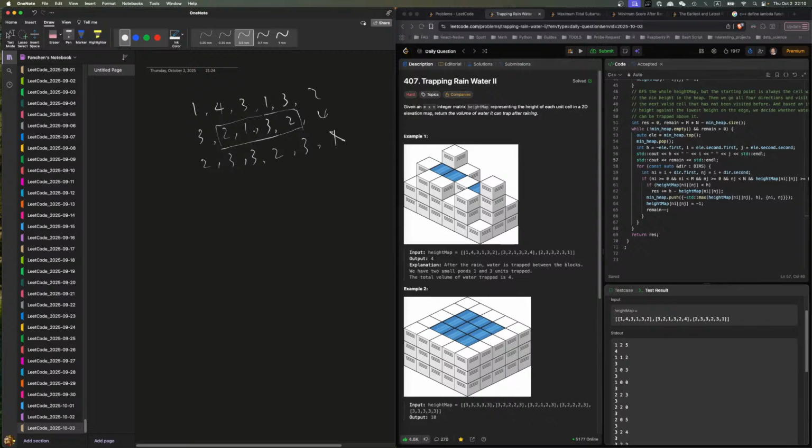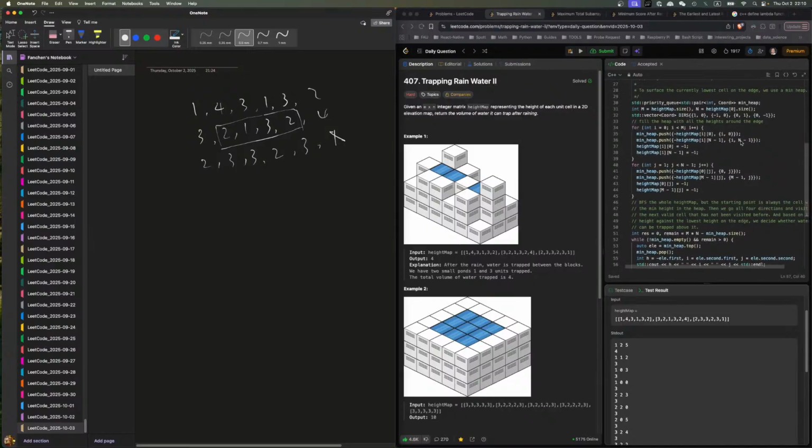How does this one get in? Who got this 1, 1, 2 in?